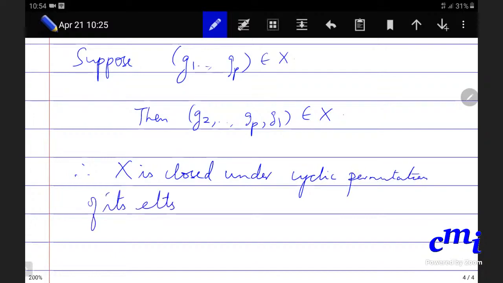This is the observation based on which we're going to build.